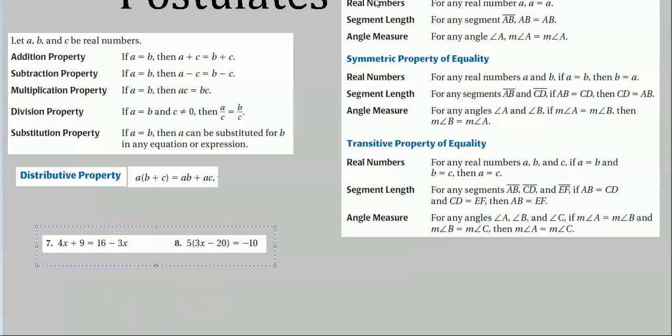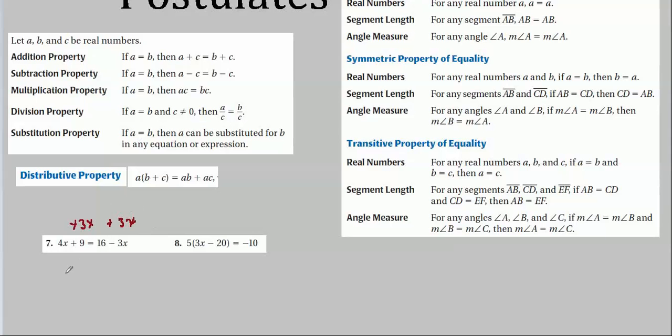And now for the next one, what are we going to do? Well, we're going to use the addition property a couple of times, aren't we? First thing we can do is add 3x to each side. So that's plus 3x here and plus 3x over here.